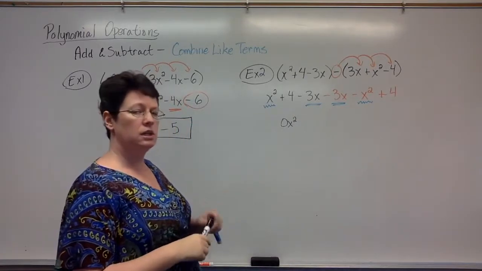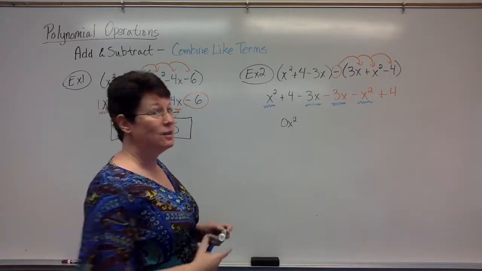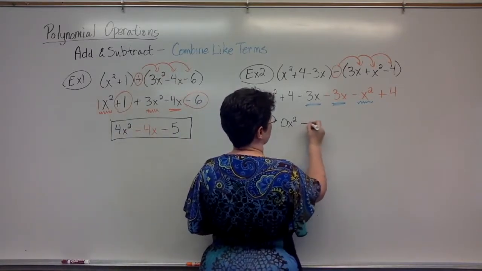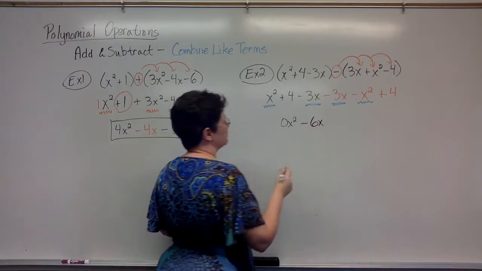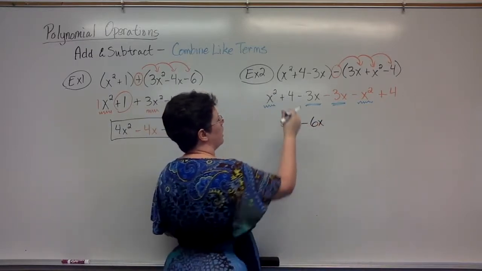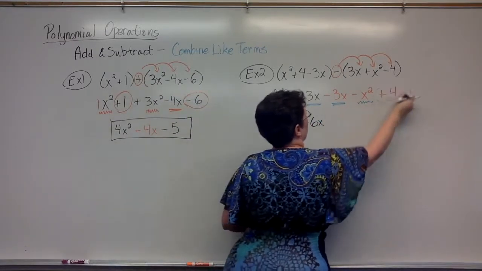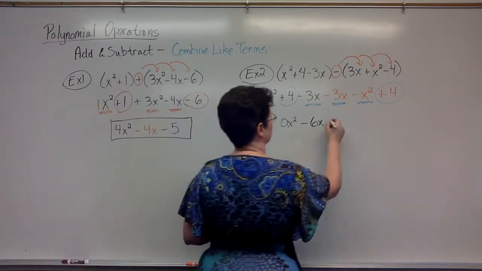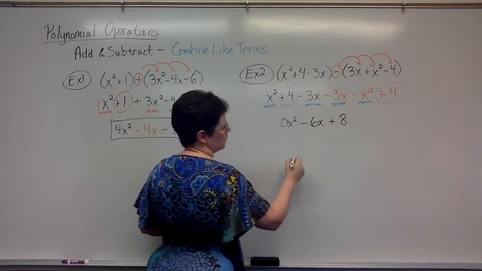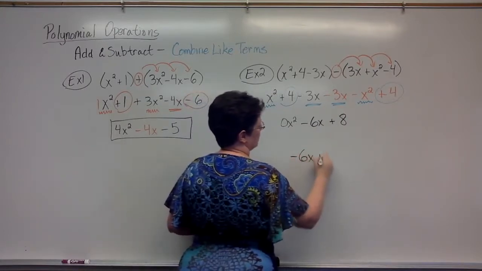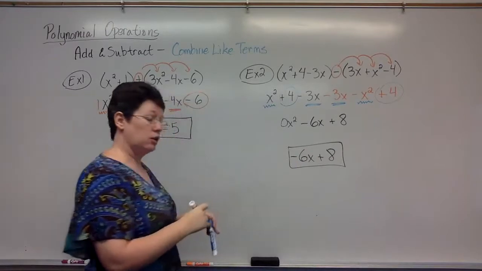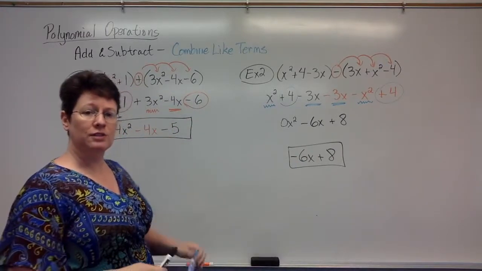Minus 3 and minus 3 is not 0, right? It's minus 6. So minus 6x. And then we have a positive 4 and a positive 4. 4 plus 4 is 8. Okay? So my final answer would be negative 6x plus 8. That is the simplified algebraic expression for example 2.